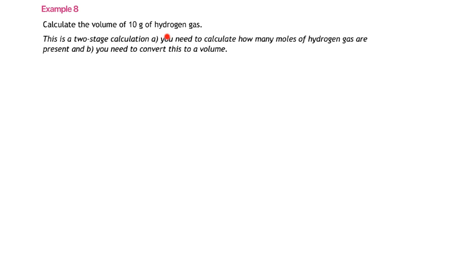It's a two-step process. If I use 10 grams hydrogen, I know its identity. So it's H2. I can find out the moles for it using its Mr. Then once I know the moles, I can find out the volume for it. So let's try that. Part 1 is finding the moles of hydrogen gas using 10 grams.